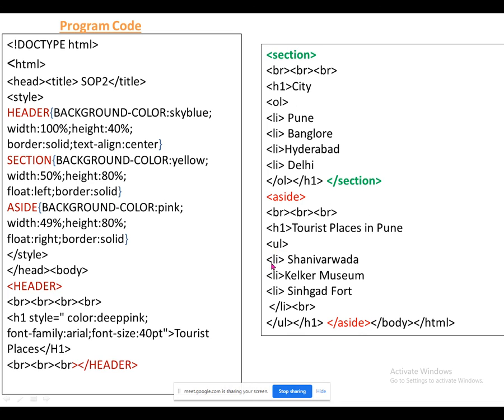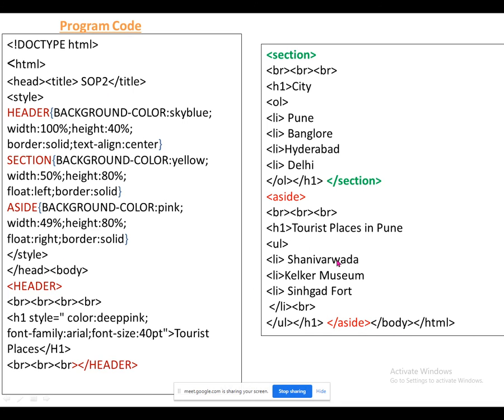Start with UL, then LI, as per the question, Kalkar Museum, Sinhagad Fort, whatever is given, just add with the LI and close LI. Here I am giving it, not always necessary, but just good practice as I told you. Add some BR, close UL, close H1, close aside, close body, close HTML. So this question is very clear now.